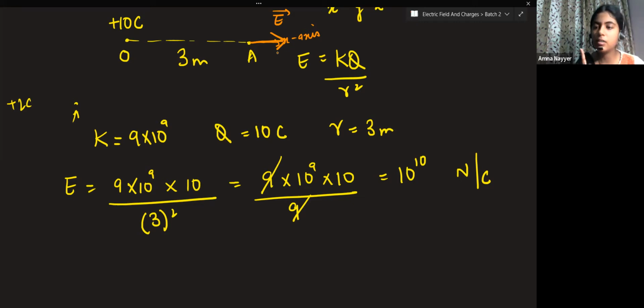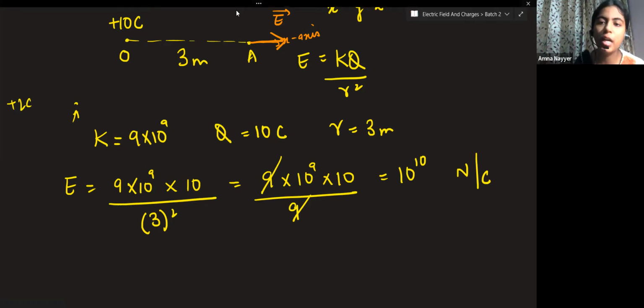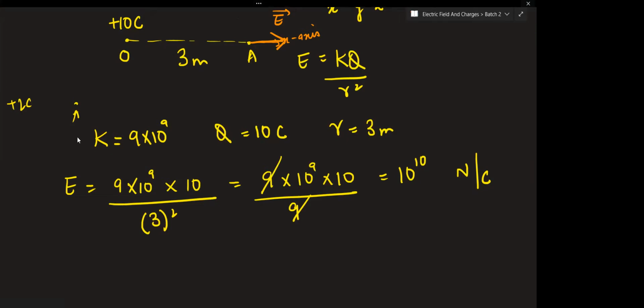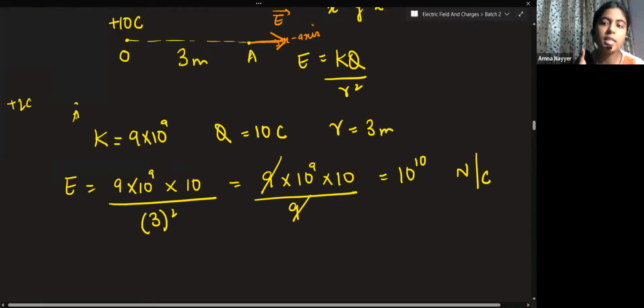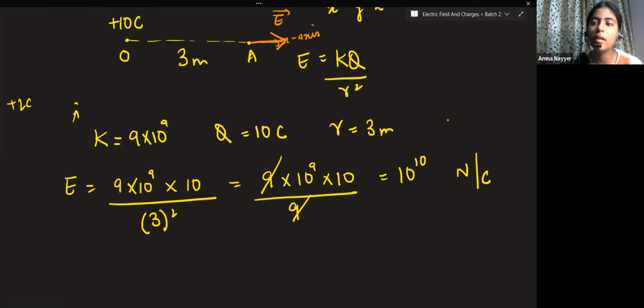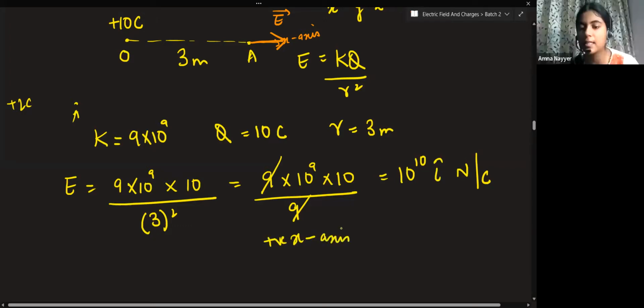So Hamza Shekhani, you only tell me, if this is the direction of electric field, which unit vector should I use? X-axis is the axis. So if you have a positive x-axis, you have I cap. See, for positive x-axis, you use the unit vector plus I cap.